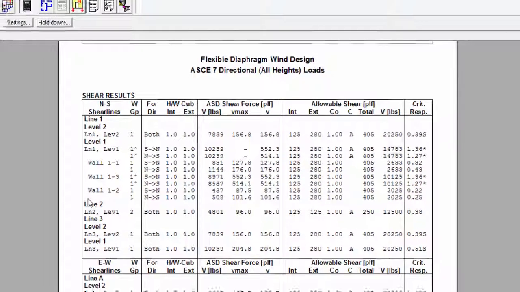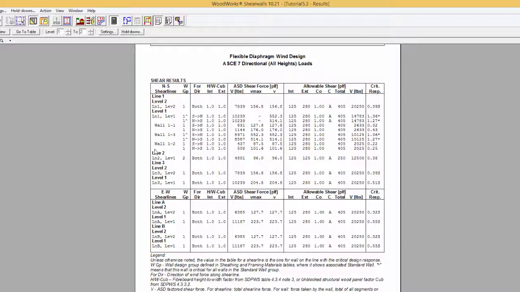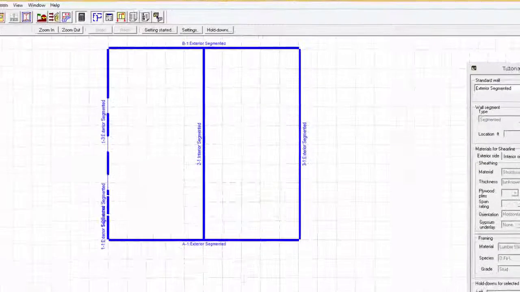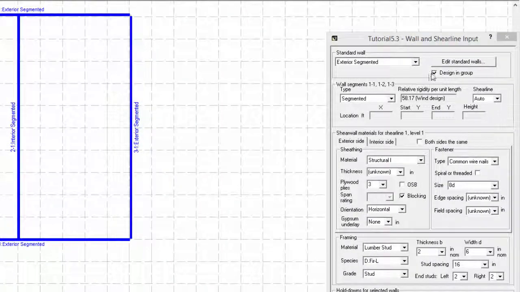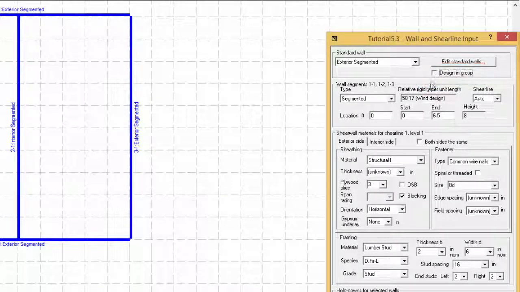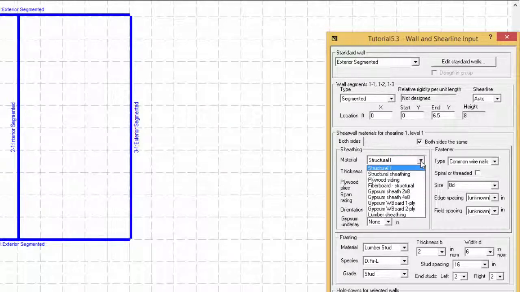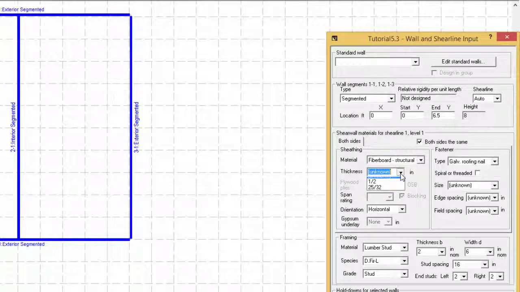For a wall consisting of structural fiberboards on both sides with a height to width ratio greater than 1 to 1, the factor will be equal for both the exterior and interior columns. First, we will select the three wall segments, deselect the Design and Group option, select both sides the same, and apply half-inch fiberboard with edge spacing of 4 inches and field spacing of 12 inches.